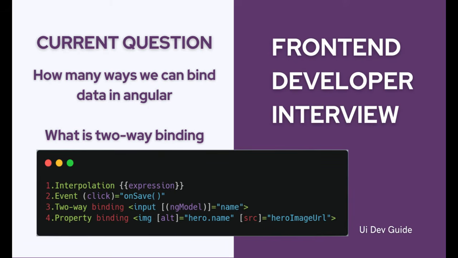If you are sending some data from children to parent, we bind the data into the HTML component. Interpolation binding is like string binding from your TypeScript into your HTML.